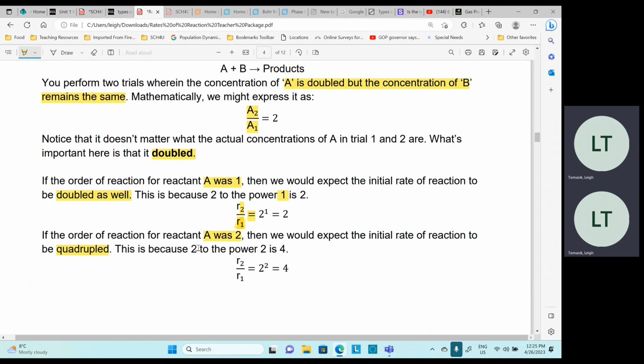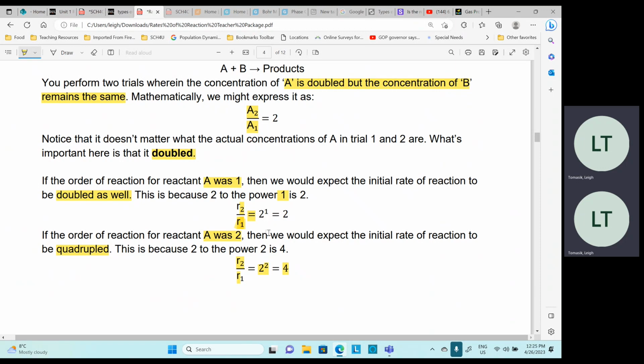So instead of being doubled, the rate will be 4 times, and 4 times is 2 to the exponent 2. The exponent would be whatever power gives you the rate change, so it should always be a power of 2.